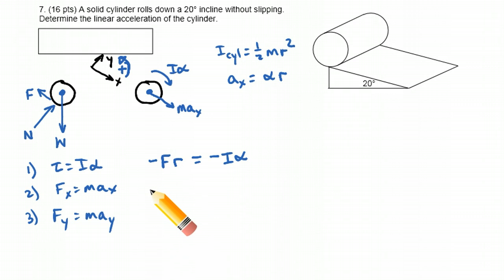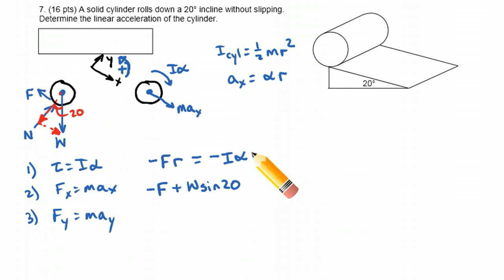In the x direction, we're going to have minus F, which is our friction force, and then we're going to have a positive W sine of 20. We'll go ahead and draw that out just for those of you. The weight is going to be broken into those two components, and there's my 20 degrees. So this x component of the weight is going to be the total weight times the sine of 20.